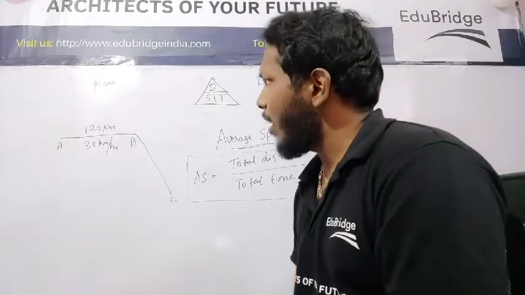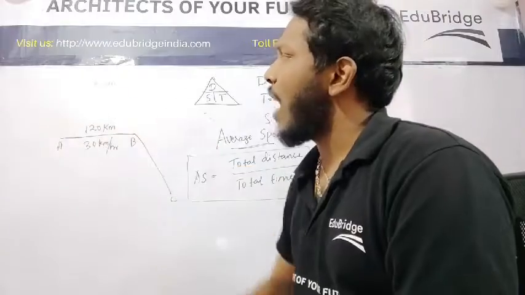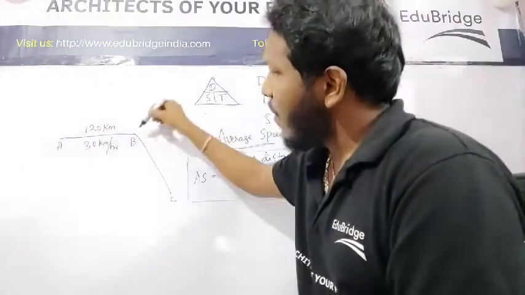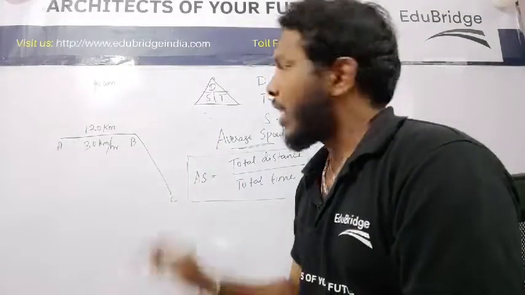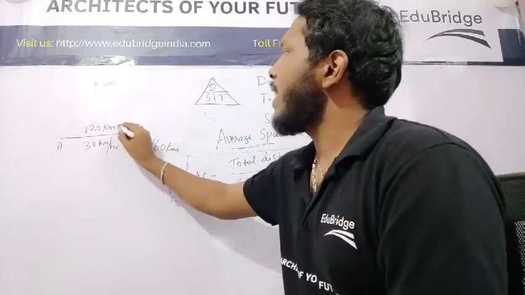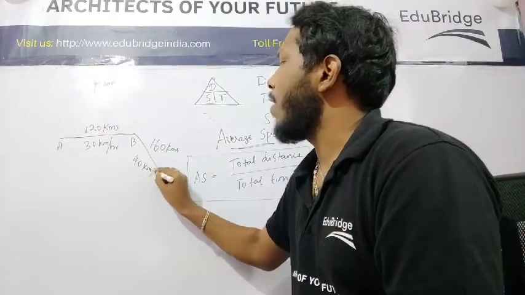So 120 kilometers is the distance from A to B, and Ram is traveling at a speed of 30 kilometers per hour. Now from point B to point C, the distance is 160 kilometers, and he is traveling at a speed of 40 kilometers per hour.